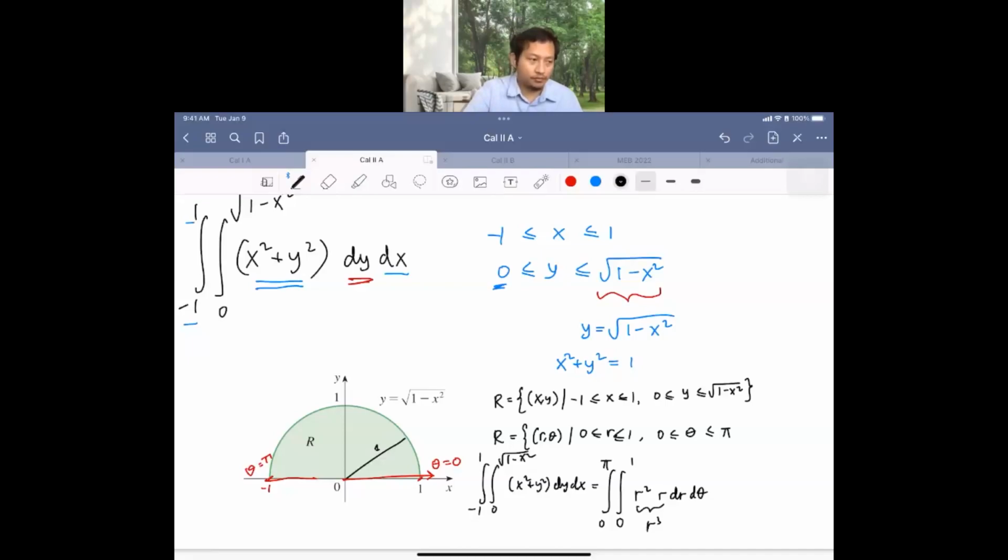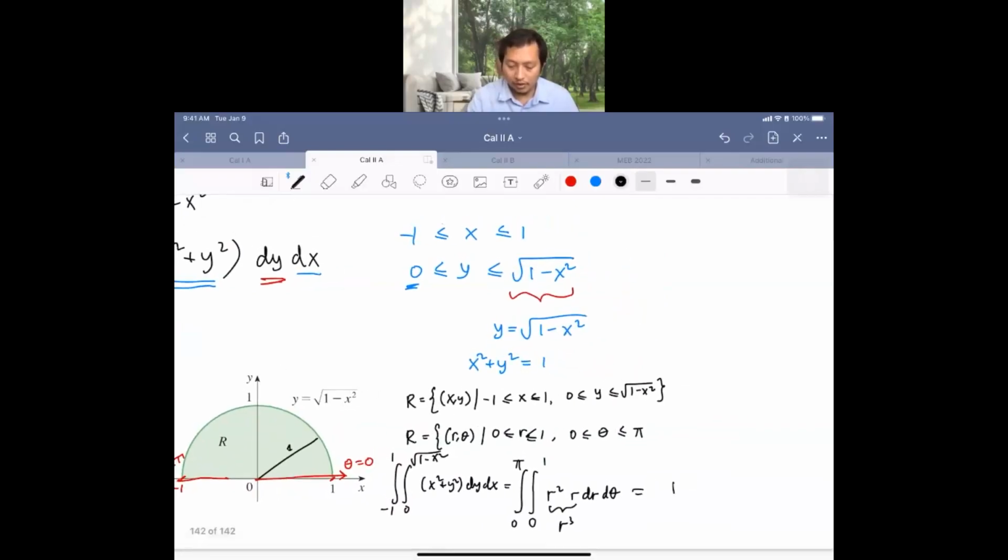Integrating r cubed gives r to the fourth over 4, from 0 to 1, still 0 to pi for theta. So we will have pi over 4 at the end.